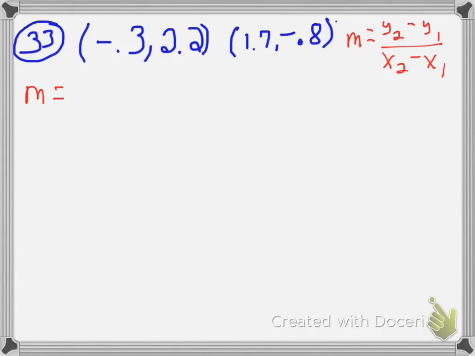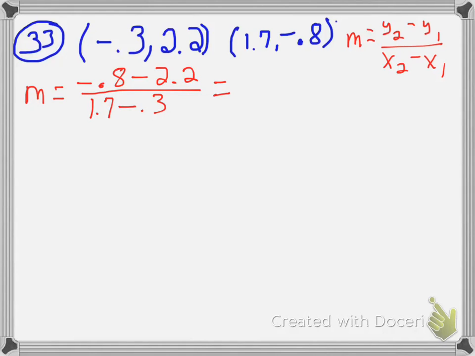So I'm going to say y minus y, so that's going to be a negative 0.8 minus 2.2. All that divided by x minus x, which is 1.7 minus 0.3. Make sure you go y minus y and x minus x.